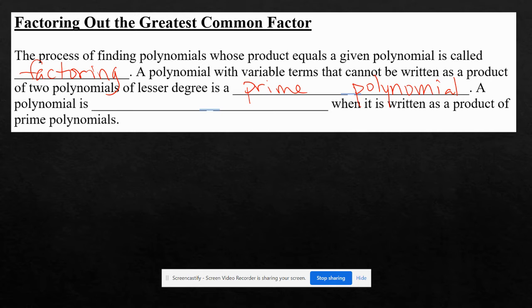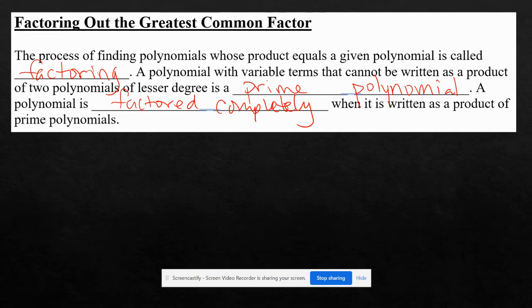A polynomial is factored completely when it is written as a product of prime polynomials. So that's some of the vocabulary that we have learned in the years, just refreshing that.